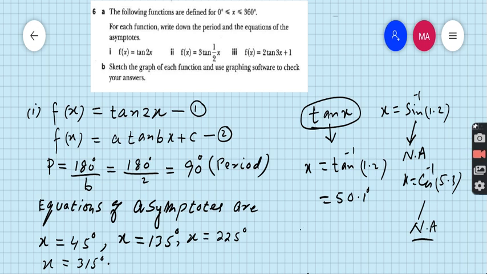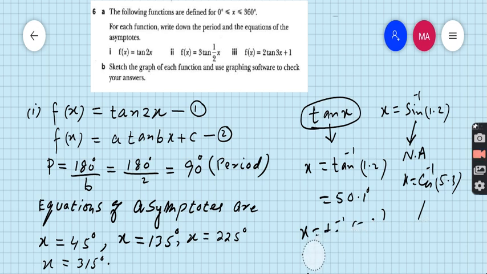But if you find x equals tan inverse 5.3, then the answer is 79.3. So it means tangent can take any value, but sine can take only values between 1 and minus 1. So this is another difference.